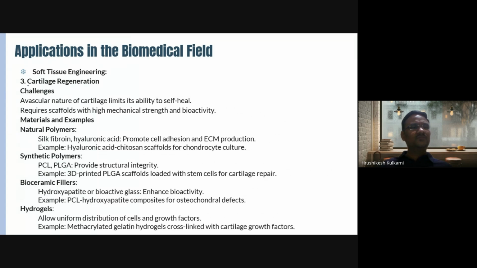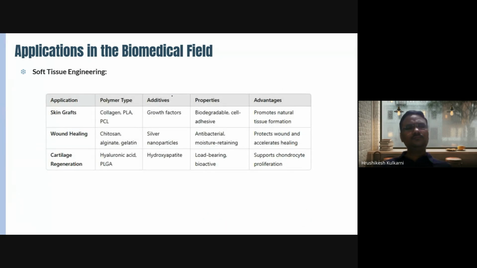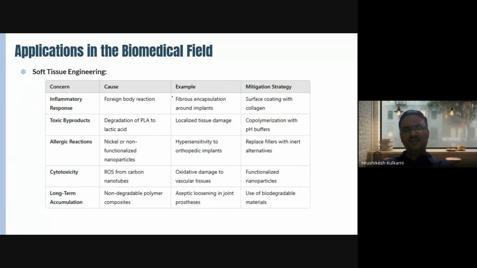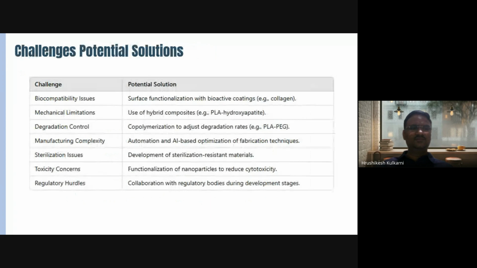Next is cartilage regeneration. Okay, so there are some cases where the skin and cell growth is not uniform. In that case, again we have some list of natural polymers, synthetic polymers, and bioceramic fillers, which are having very nice results for cartilage regeneration. Again, I have given a detailed list for the understanding purpose.